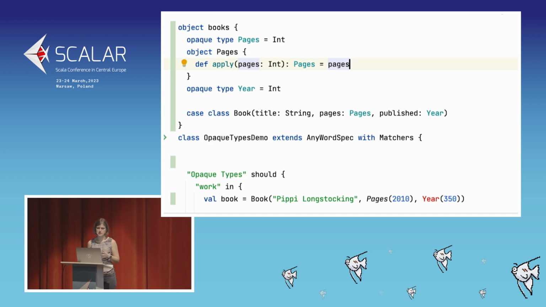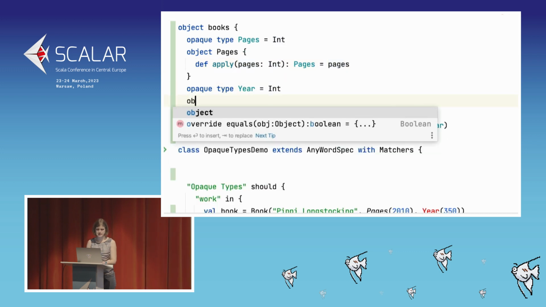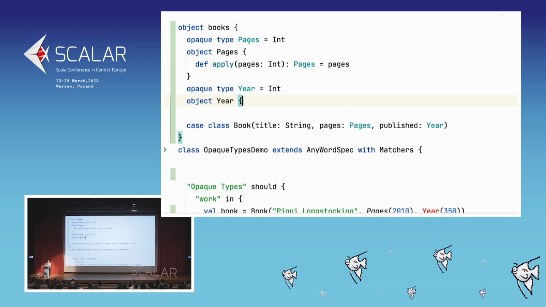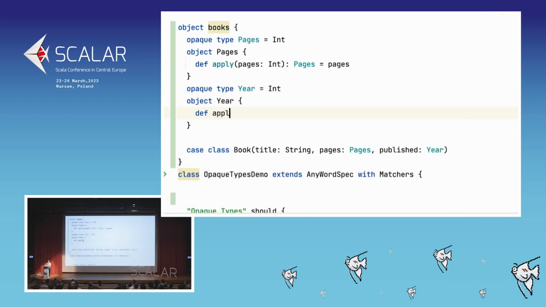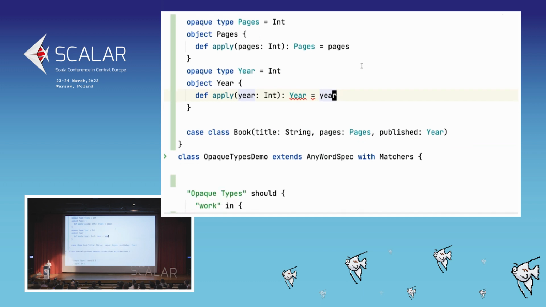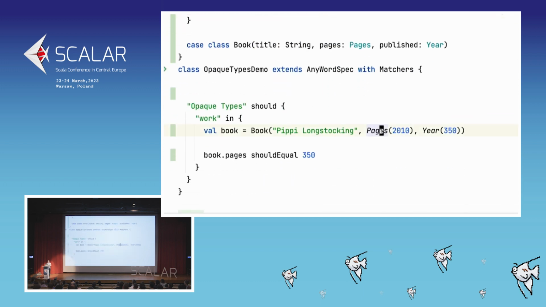So for the compiler, where it expects pages, we can pass the integer. So we are using it here. And let's do the same for year. We are doing an apply method, and the year is an integer, returning year. And right now, this compiles.